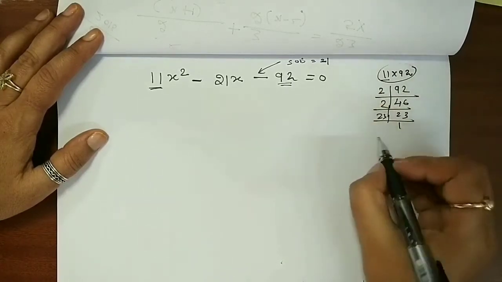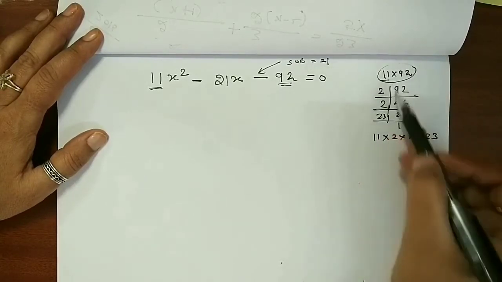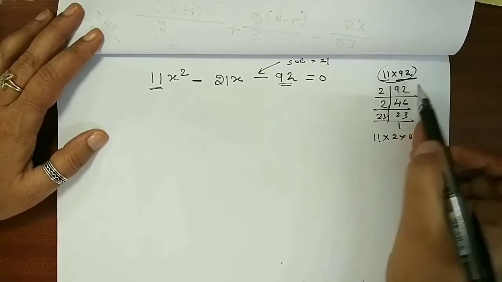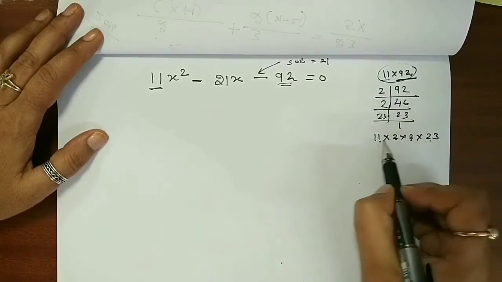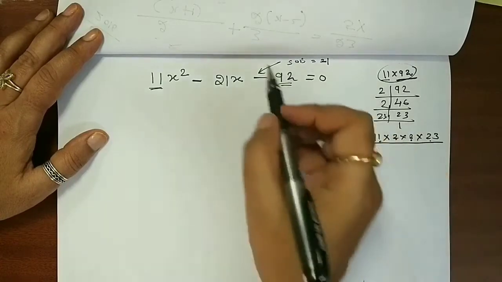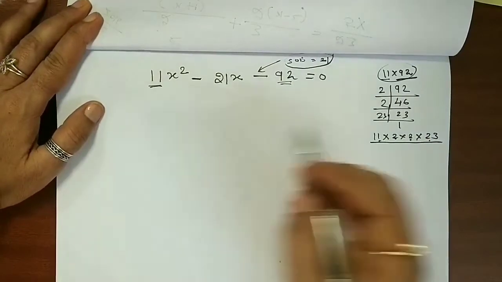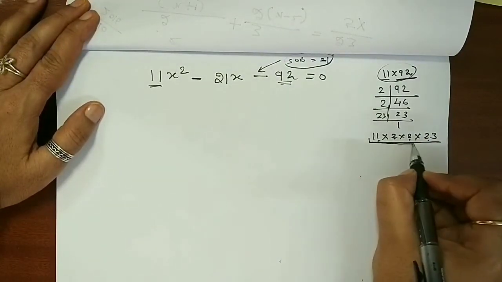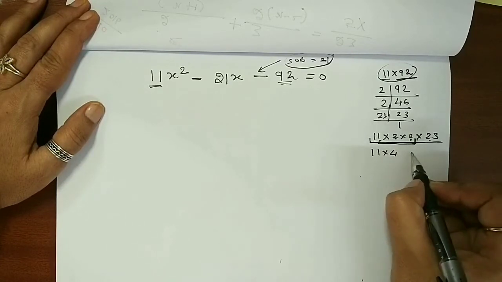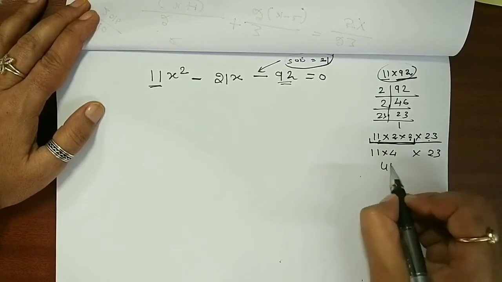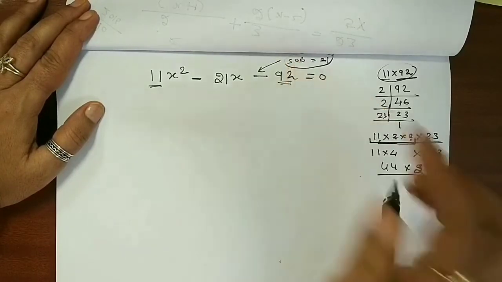So my factors of this term are 11 into 2 into 2 into 23. Right? 11 I am copying. Factors of 92 are 2 into 2 into 23. So out of this I have to factorize such that subtraction should be equal to 21. So what I feel is, if I take this together like 11 into 4 and next factor I take 23, which is 44 into 23, will give me the desired result.